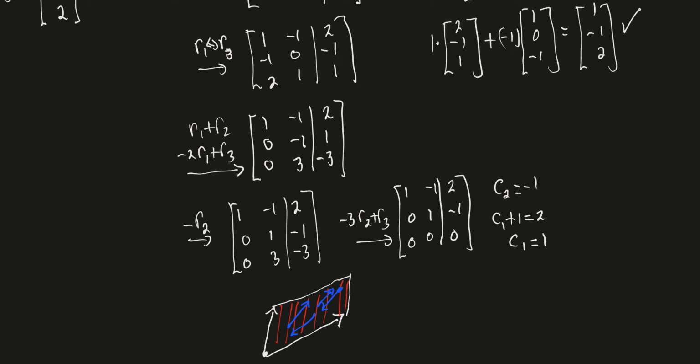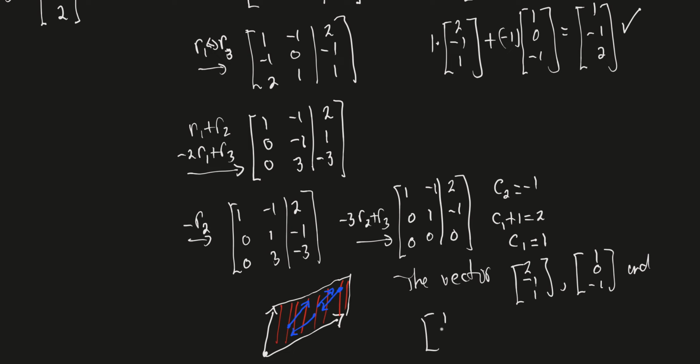So in fact, we can introduce that phrase. Another way to interpret this geometrically: these three vectors, 2, -1, 1, 1, 0, -1, and 1, -1, 2, are coplanar. In fact, we can say something a little bit more.